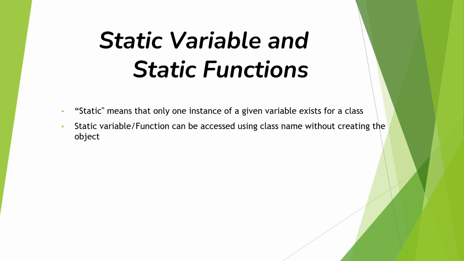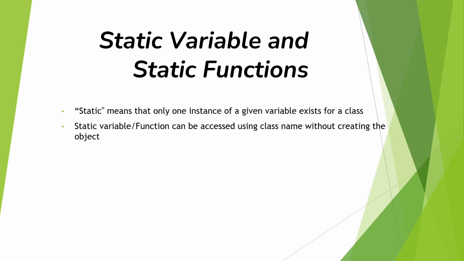Okay, then we have a static variable and static function. The static dictionary meaning is that only one instance of a given variable exists for a class, right? So if you are defining a static variable, that is available for all the objects.